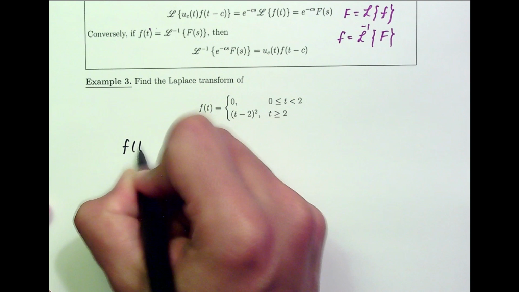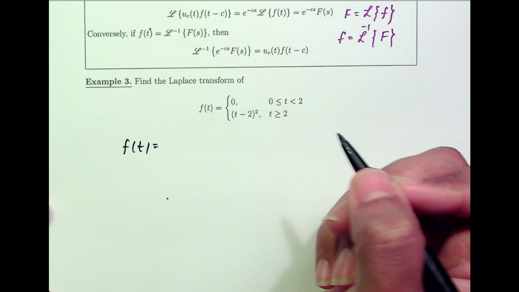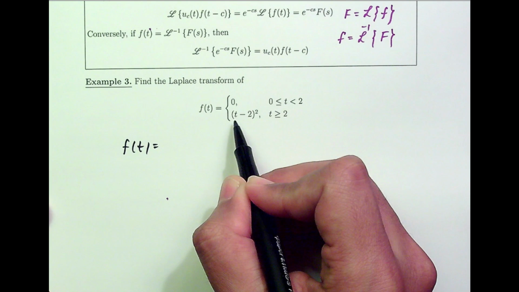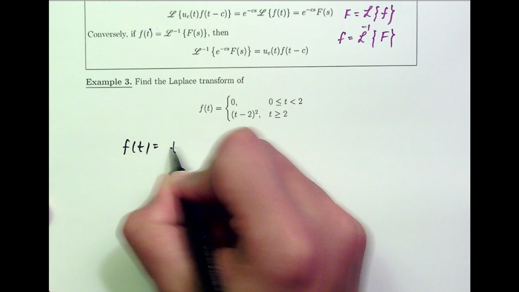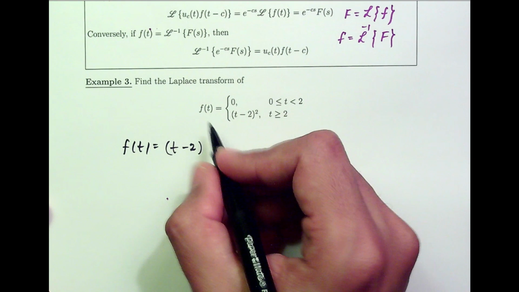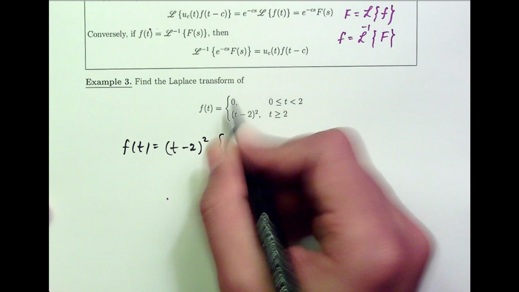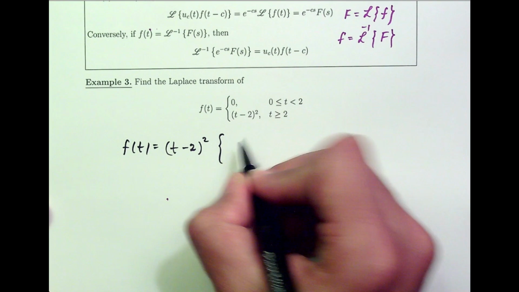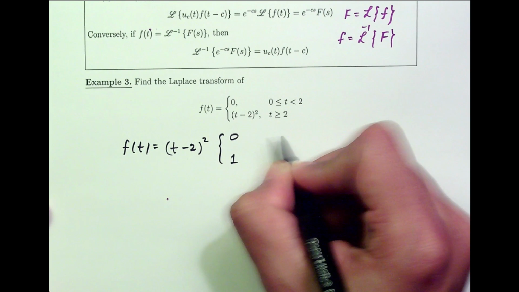So this is going to be f of t equals, so I'm going to factor out the t minus 2 squared from both. So f of t equals t minus 2 squared, and then you factor it from both of them, and you end up with 0 and 1.